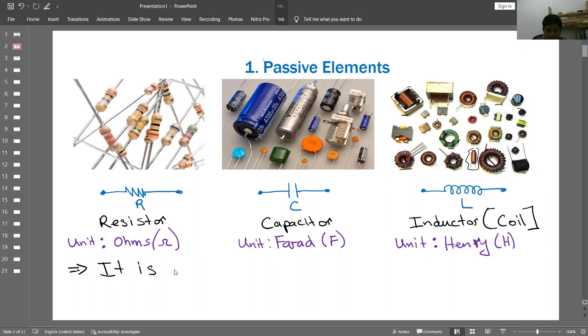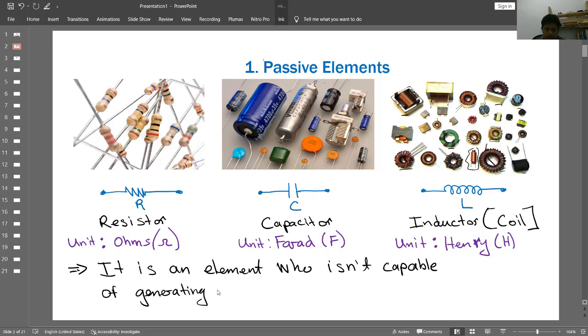It is an element who isn't capable of generating energy.